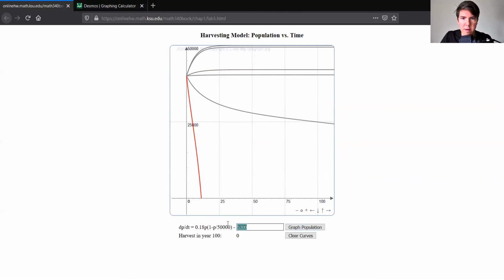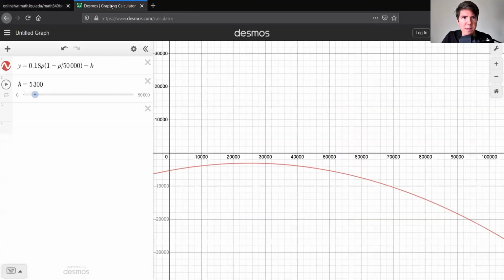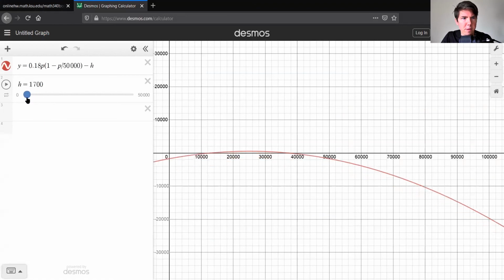And if we do something like 1,400, we see that it kind of stabilizes. I think you can do more than 1,400, but just as an example, it looks maybe something like that. All right, now what we would like to find is what? Sorry, I'm looking at the lab instructions.